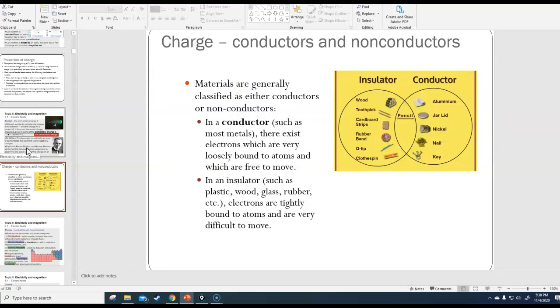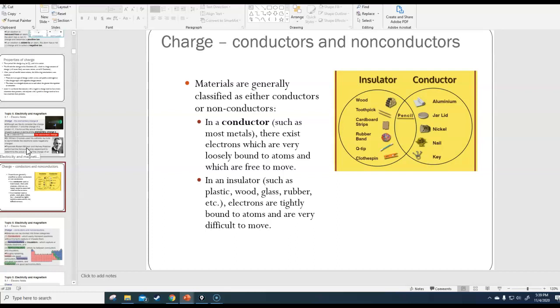Okay, so we know everything is made of atoms, but we can also classify different types of objects and materials by whether or not they're conducting or non-conducting. In very simple terms, a conductor, which, when you think conductor, think metals, is classified as a conductor because those types of materials have what's called free electrons, loosely bound electrons.